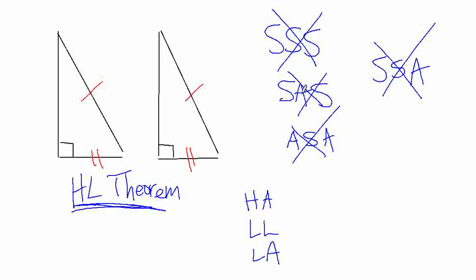For example, for the HA situation, we have two pairs of angles that are congruent. Let's discuss that one. So the A is more than the right angle. It says there's another pair of angles that are congruent. So let's say we had the hypotenuse is congruent again, and now we have another pair of angles congruent.